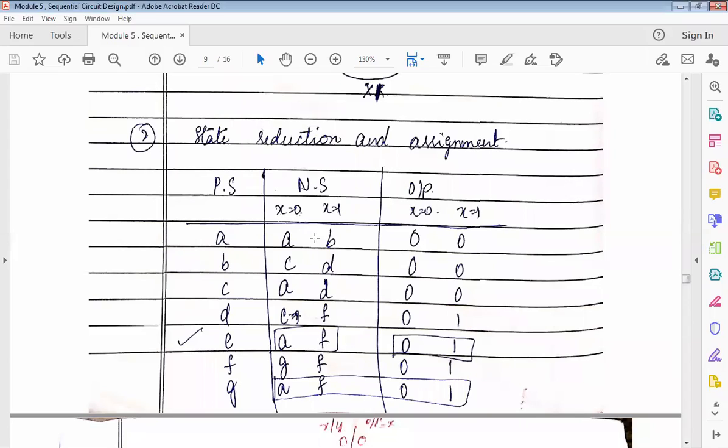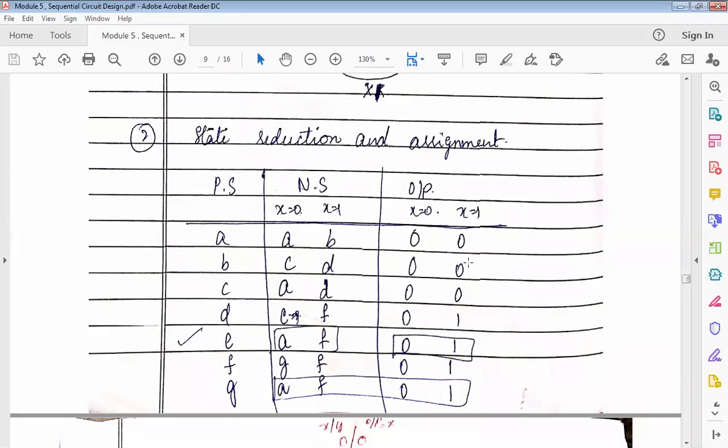Okay, fine. So we have our present states here, which are given as A, B, C, D, E, F, G. Do not worry about how we got A, B, how we got C, D. This is just randomly taken as an example, for your problem solving purpose.